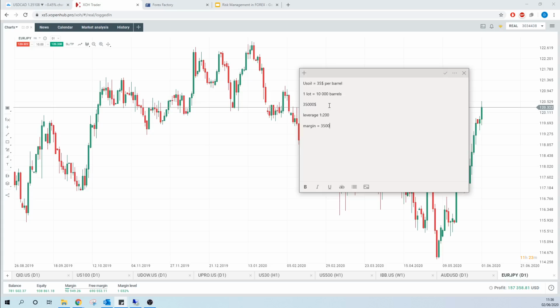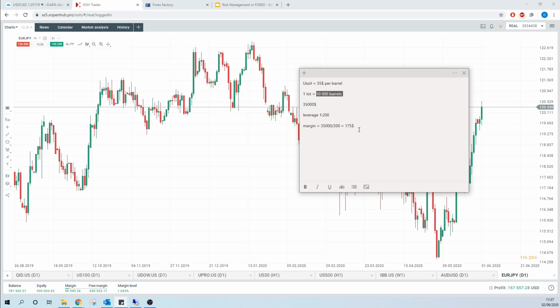So you simply take the real price and divide it by 200, and you will have the amount which is required to take a 10,000 barrel contract in the market.